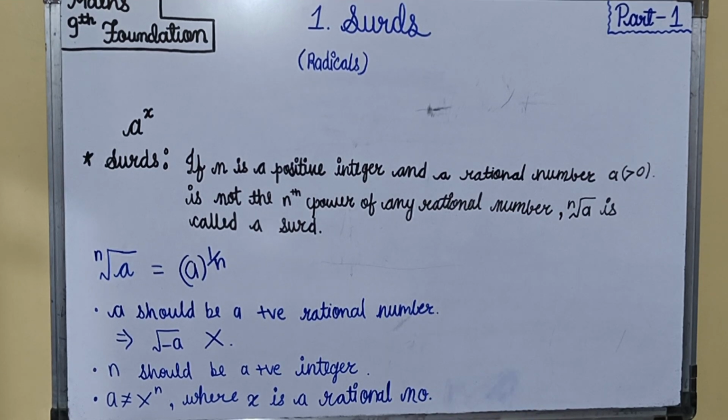So that's why nth root of a should be irrational.